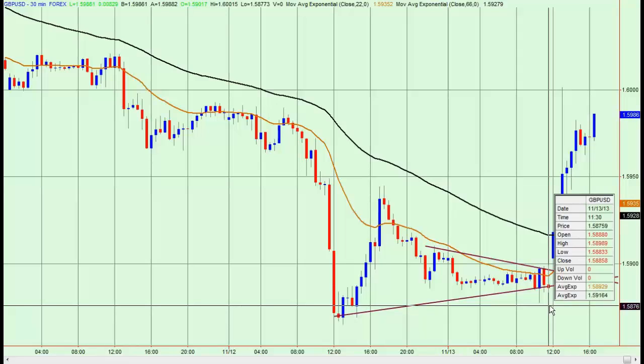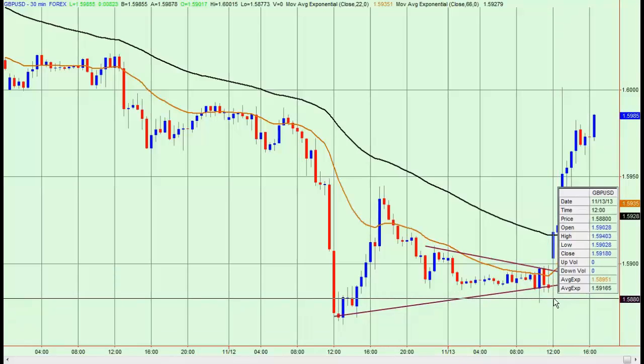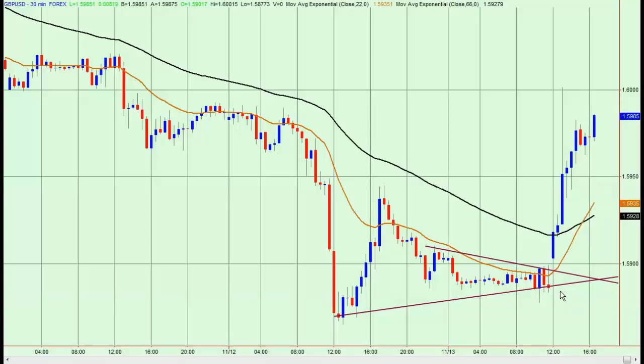If I just have a quick look, close of that one was at 58.85, open of that one 59.02. So yeah, just short of 20 points, around about 17, 18 points it gapped up. And then from there it's just continued to go.